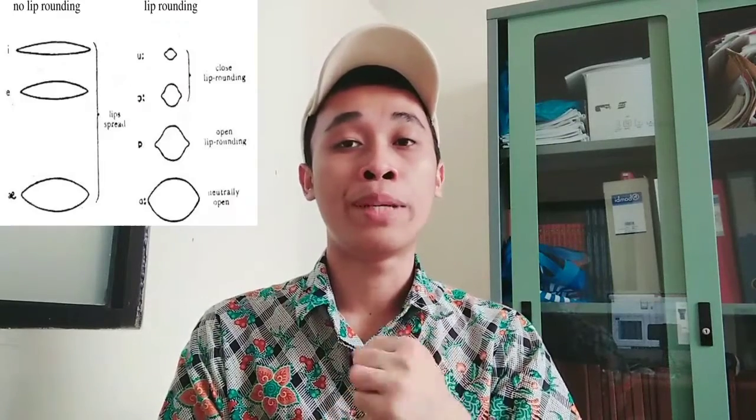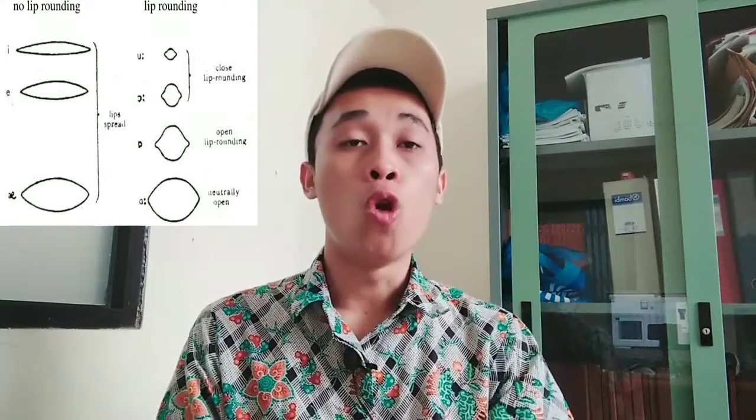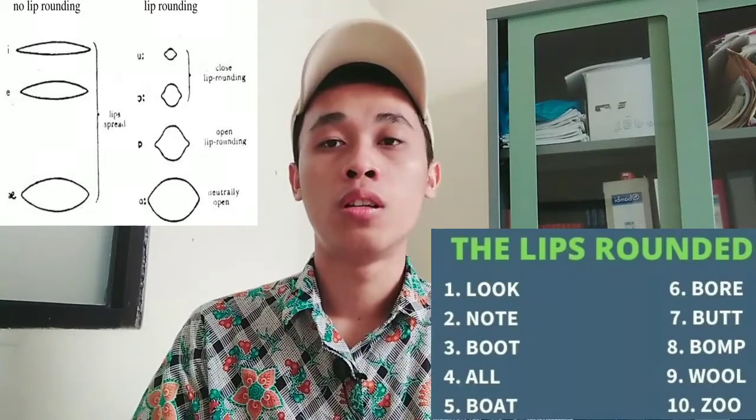Okay, let's move to the lips rounded or not. So there are two roundings: are the lips rounded or not. Let's start from the lips rounded. When you pronounce the word, your lips must round like that. Look, like that.